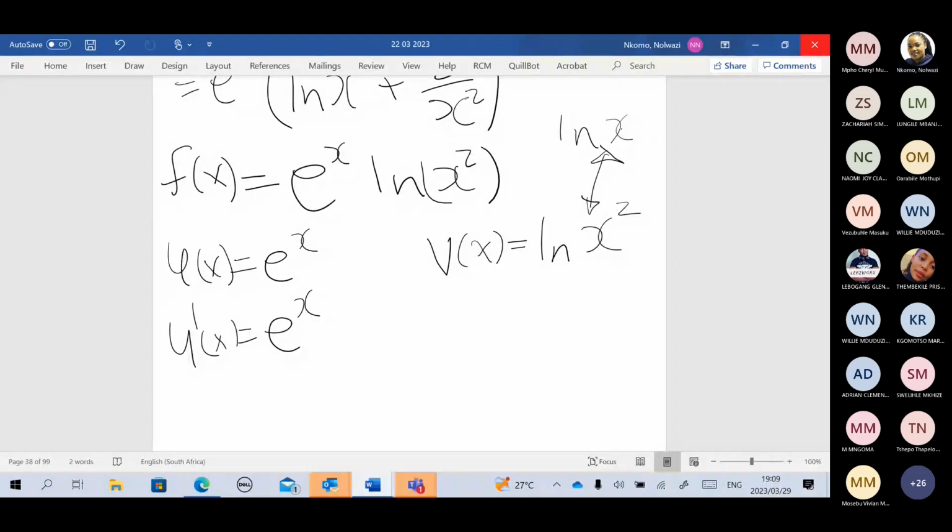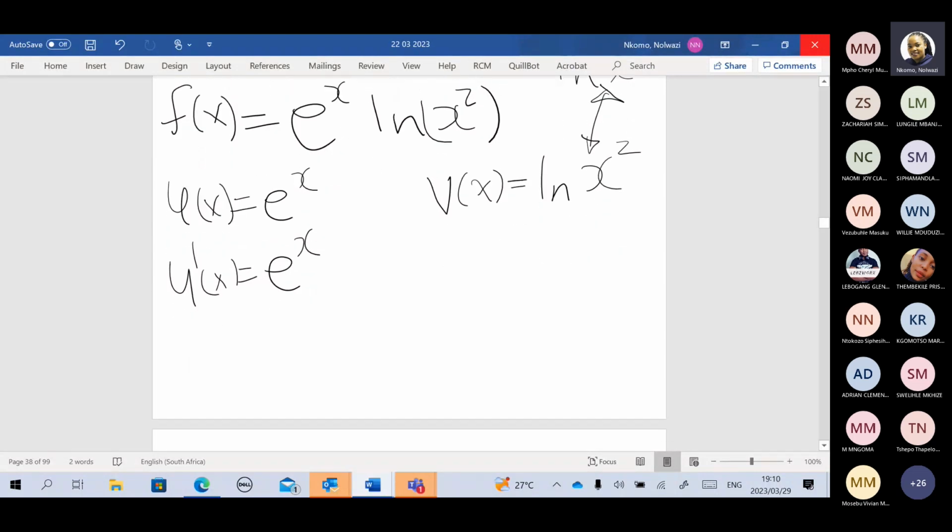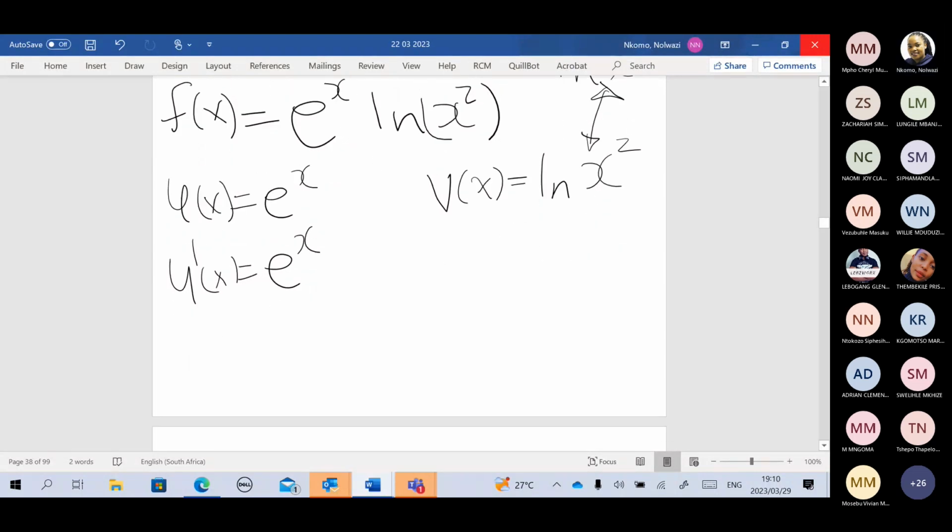Which rule are we supposed to use? The chain rule. The chain rule says the derivative of the outer function times the derivative of the inner function.